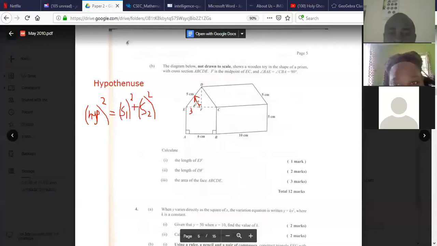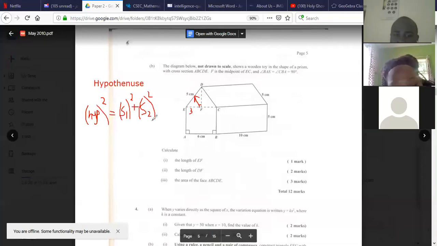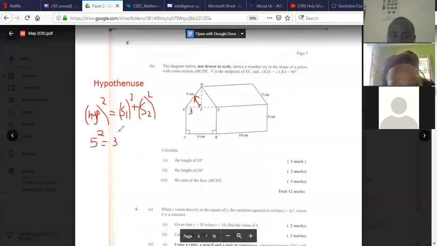So are we trying to find the hypotenuse in this case? No, we're trying to find either side 1 or side 2. So let's fill in this equation. The hypotenuse squared is 5 squared, which is the same as, it doesn't matter which side is side 1 or side 2, side 1 is 3, so 3 squared, and we don't know side 2, so plus x squared.